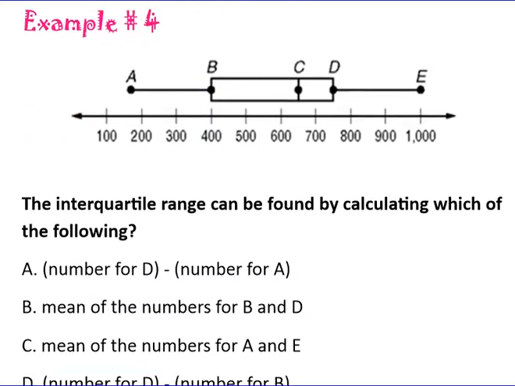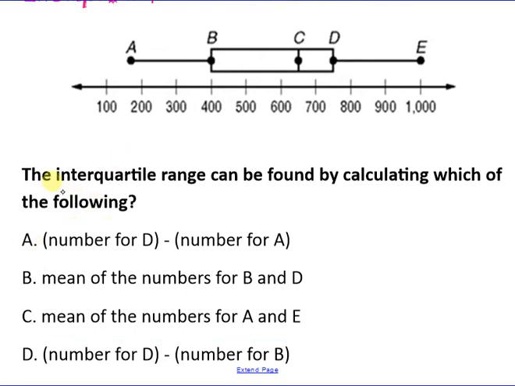All right, example 4. The interquartile range, so now we're doing interquartile range, can be found by calculating which of the following? The number for D minus the number for A, the mean of the numbers for B and D, the mean of the numbers for A and E, or the number for D minus the number for B. So here's the thing, with box and whisker plots, we really don't use the mean at all, okay?